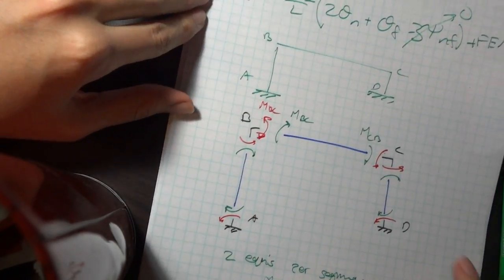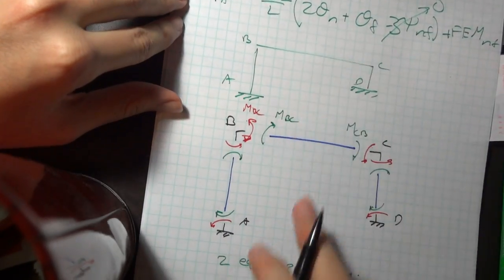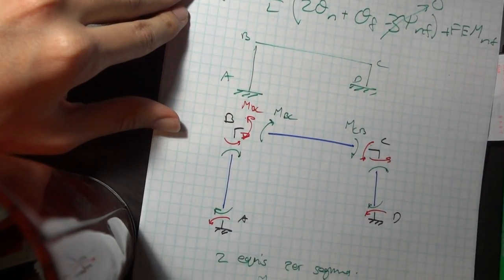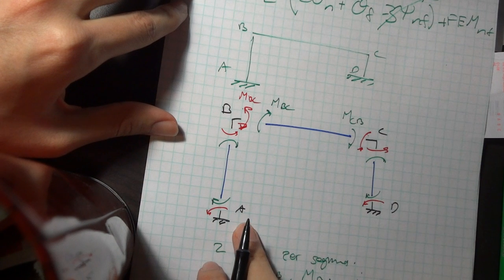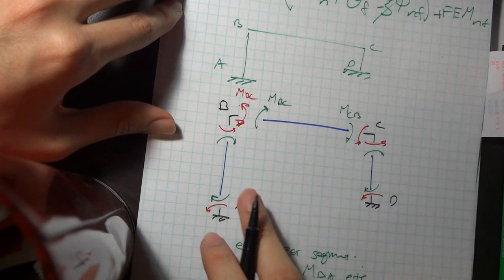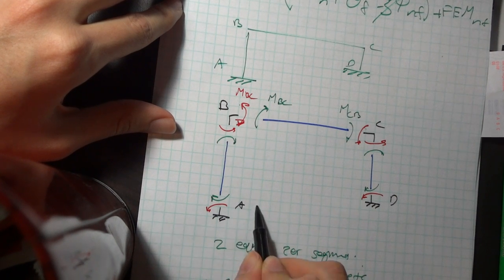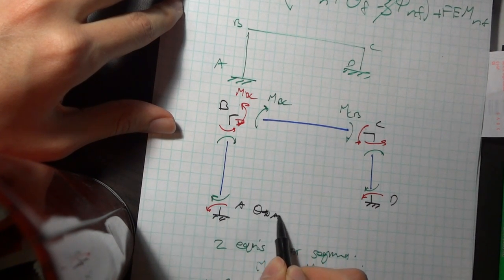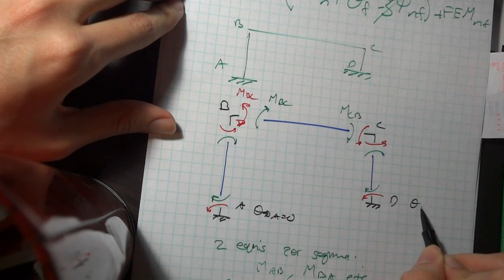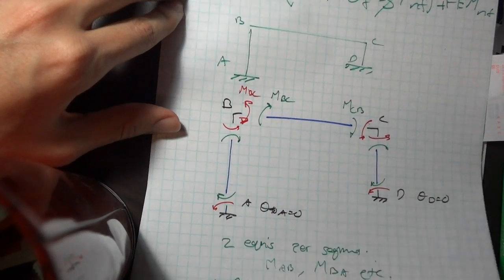Now, normally we have these unknown rotations, but in some cases, based on the problem, we'll know what the rotation is at a specific point. For example, theta A is going to be 0 because we have a cantilever here. Theta D will also be 0.